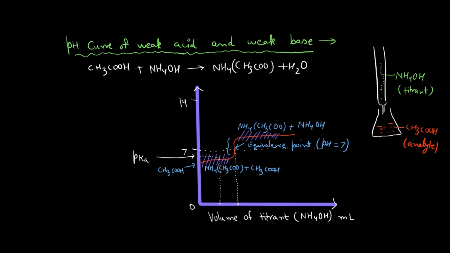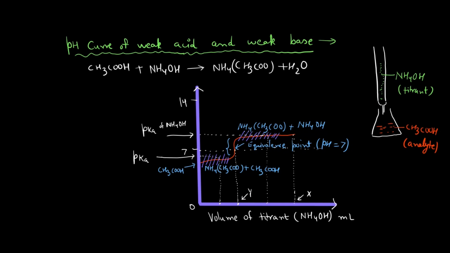Similarly, if we go beyond the equivalence point to where our curve ends, this is our total volume. So this point x and this point y, we take a midpoint of this. The midpoint will start from here and we make a line parallel to the y-axis cutting our original curve, and the corresponding pH at this point will give us the pKa of ammonium hydroxide.